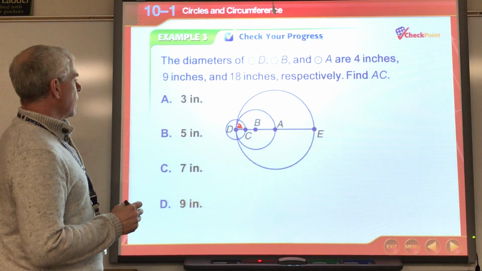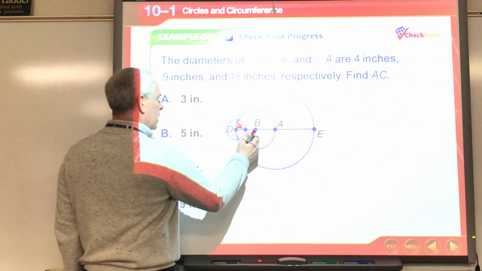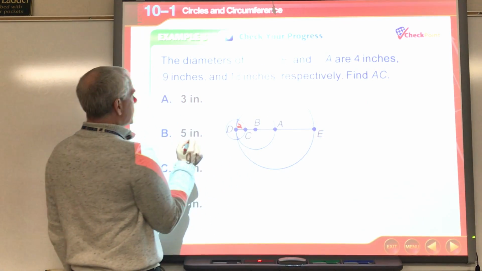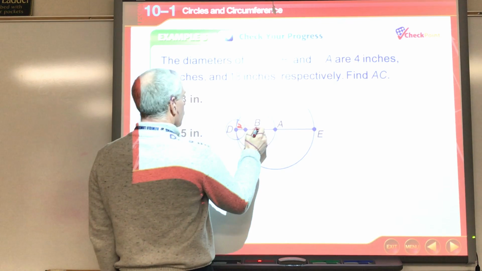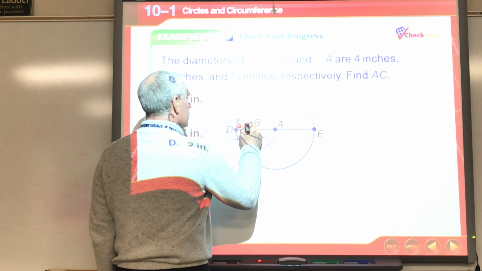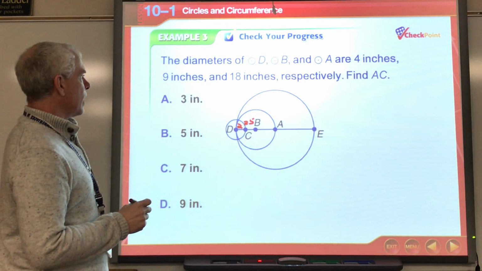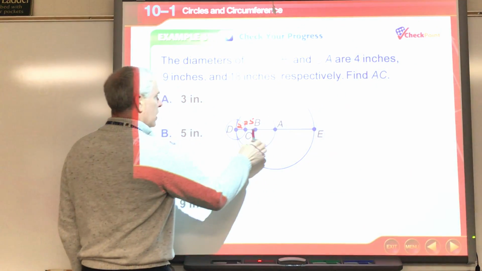Circle B has a diameter of 9 inches, so from here to here is 9, which makes this, it says the diameter is 9, so 4.5 is half of that. This is going to be 2.5, okay? And circle A has a diameter of 18, so from here to here is 9.